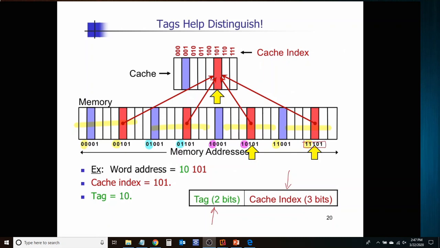Those are going to be the most significant bits, and if you add the 3 least significant bits from the cache index, that's going to give us the word address in memory of 5 bits. So tags are really the ones that are distinguishing which particular block is right now being mapped in the cache.